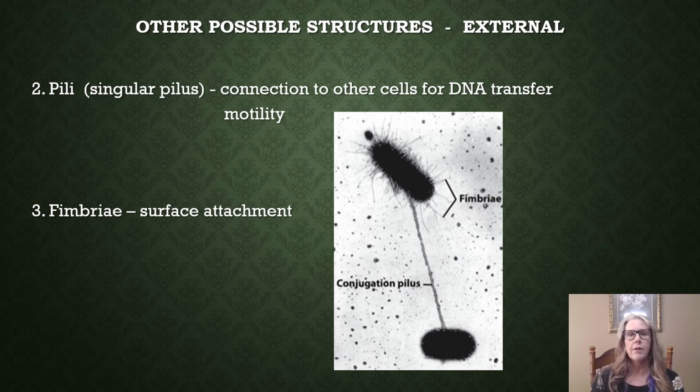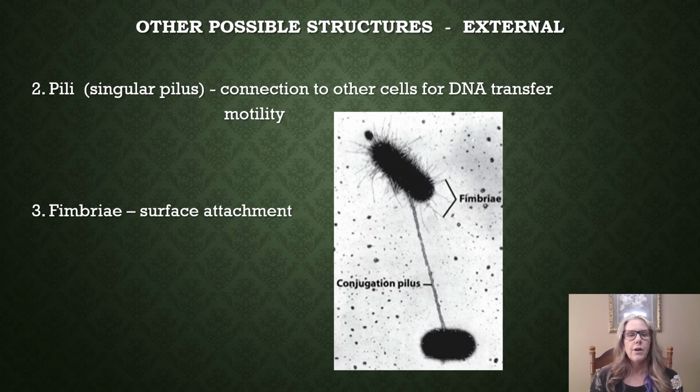In the picture on the screen, you'll notice there are two cells and a conjugation pilus. These are basically protein tubes made by one cell that extend to another. For the most part, pili are used for DNA transfer and connection to other cells, but secondarily, in certain instances, they could be used for motility.